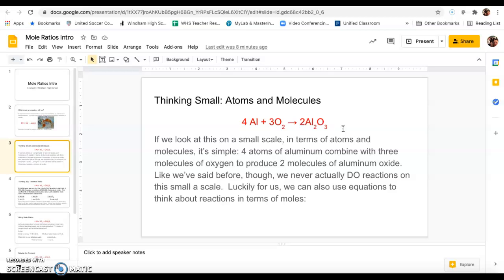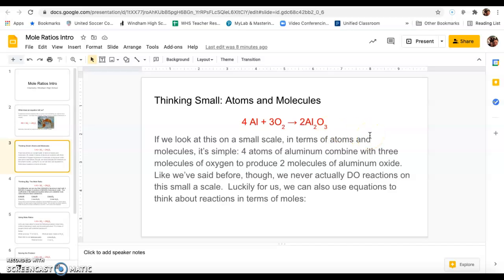So, if we look at this reaction in front of us on a small scale, it's actually pretty simple. We have 4 atoms of aluminum, and we combine that with 3 molecules of oxygen, O2, the kind of oxygen that we have in the air around us, and in that process, we produce 2 molecules of aluminum oxide.